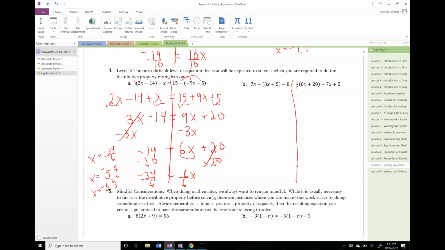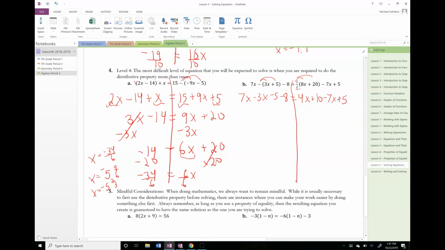So the left-hand side expression, after I distribute the negative inside the parentheses, is going to be 7x minus 3x minus 5 minus 8. The right-hand side expression is going to be, distribute the 1/2, 4x plus 10 minus 7x plus 5.